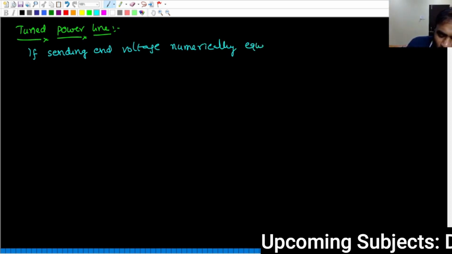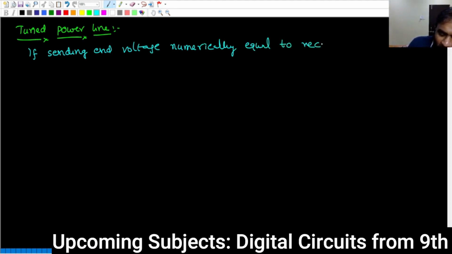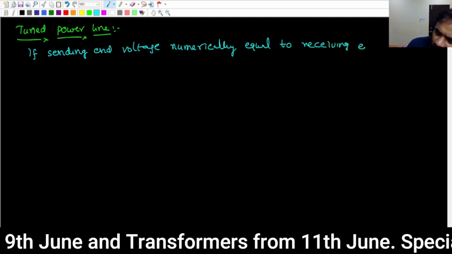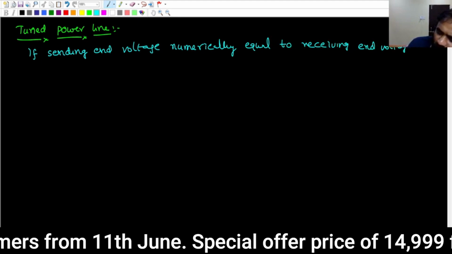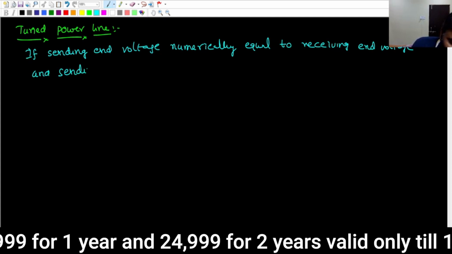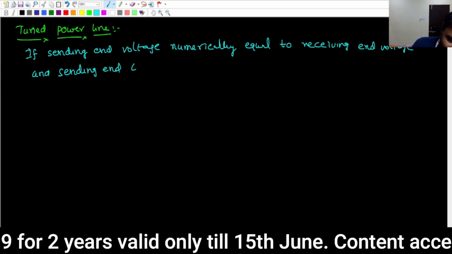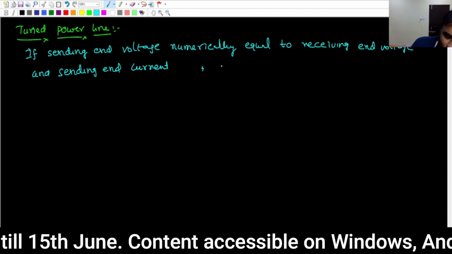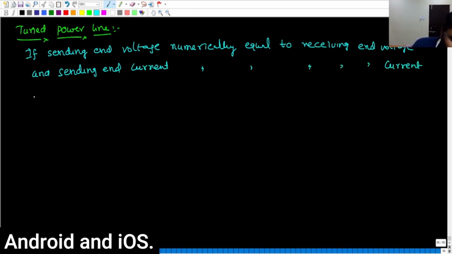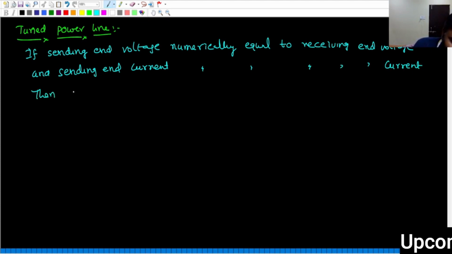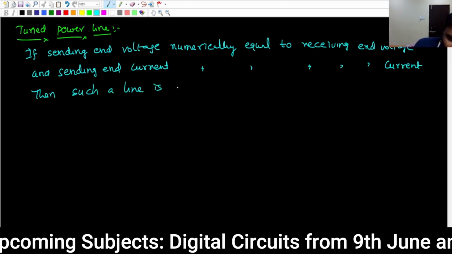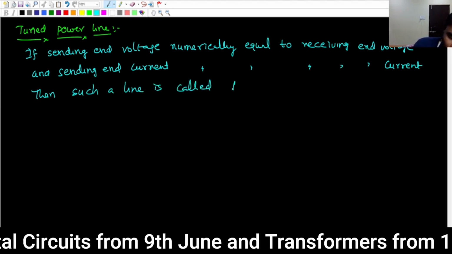And the sending end current is also numerically equal to the receiving end current, then such a line is called a tuned line.